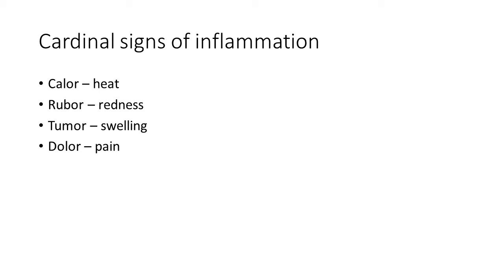The inflamed area is warm. Number 2, rubor or redness. The area is red. Number 3 is tumor or swelling. The area is swollen. And number 4, dolor or pain.